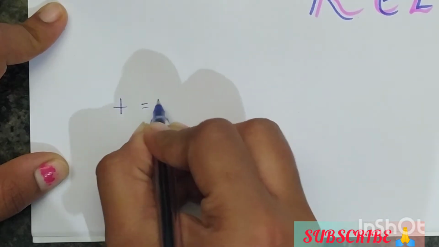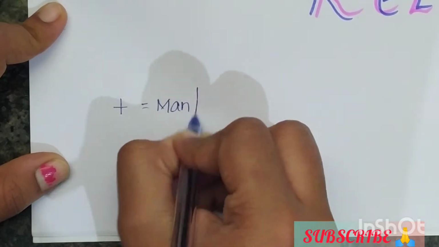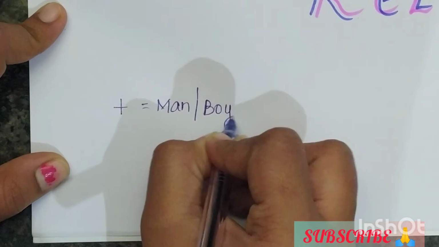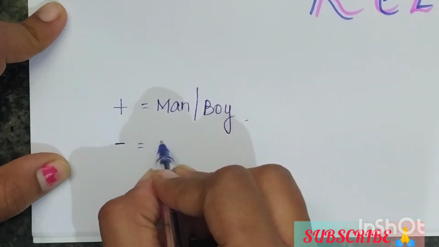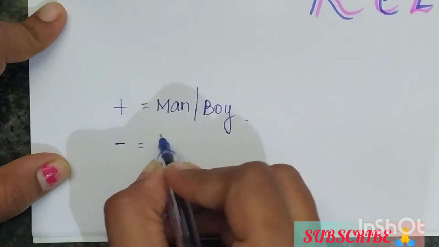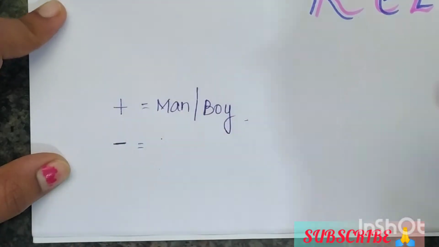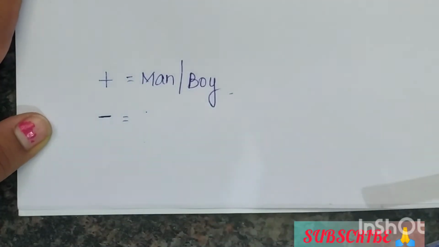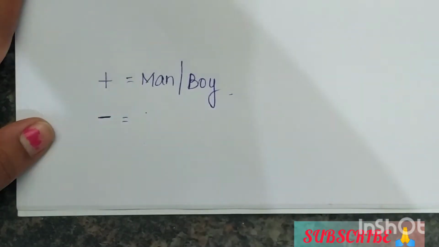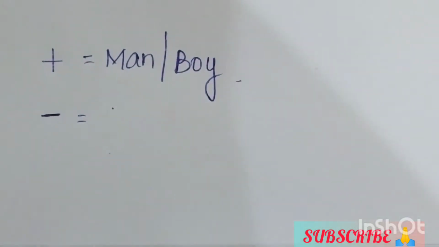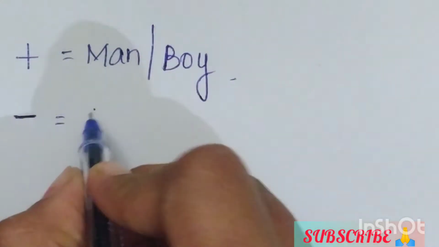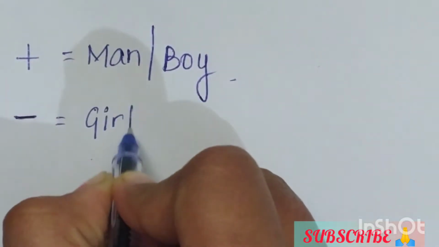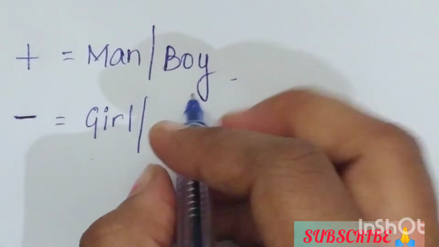This is man, boy, and girl as negative. Your wish, you can represent any kind of symbol, but I am taking this. Plus is man, minus is girl or woman.